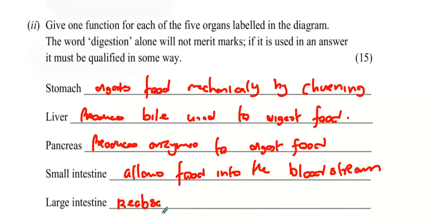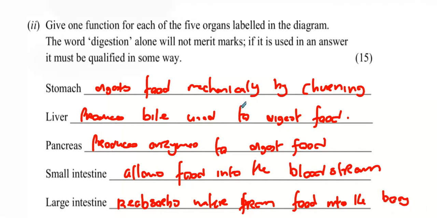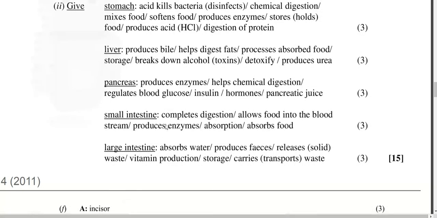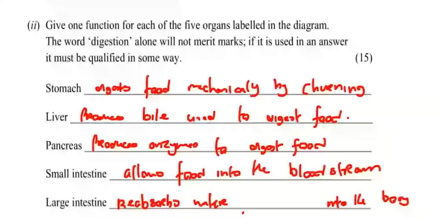I'll use a different one this time. Sorry, it doesn't reabsorb it from food. We'll just say that it reabsorbs water into the body. Okay. Now let's move on to the next one.